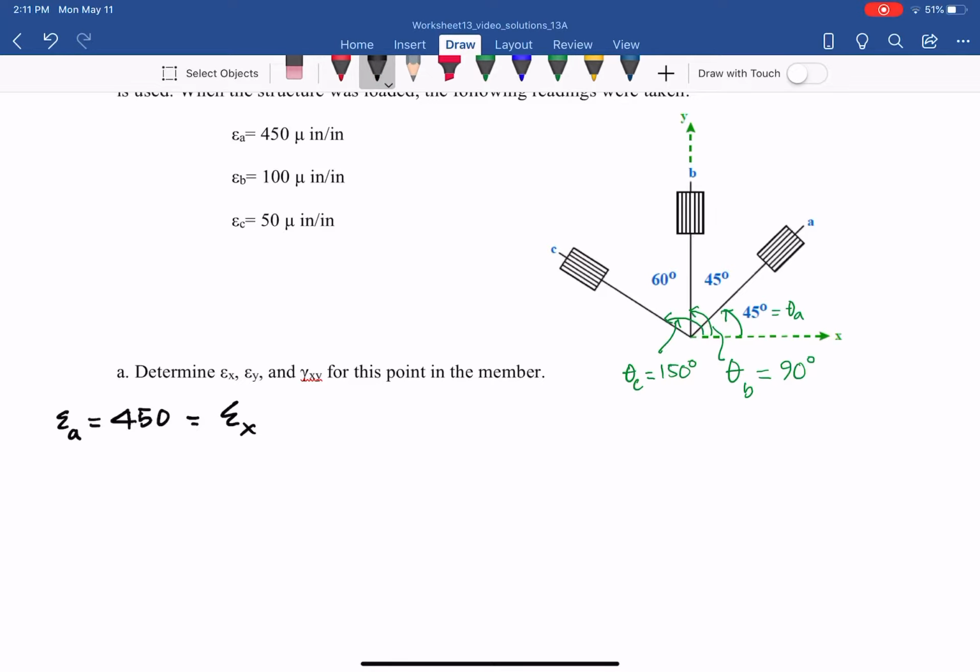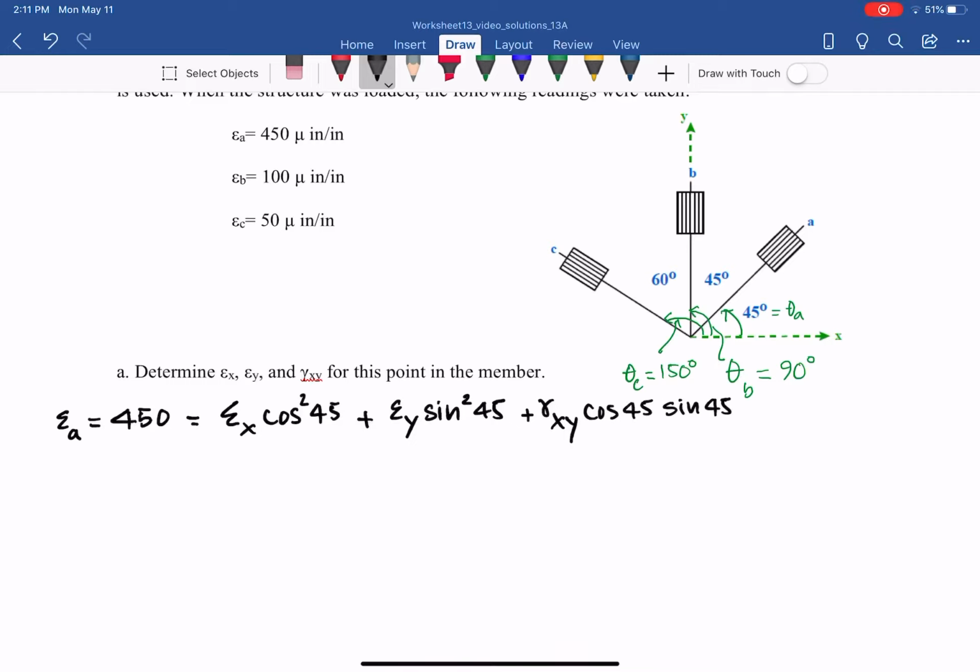So it will be cosine 45 square, plus epsilon y sine 45 square, plus gamma xy cosine 45 sine 45.